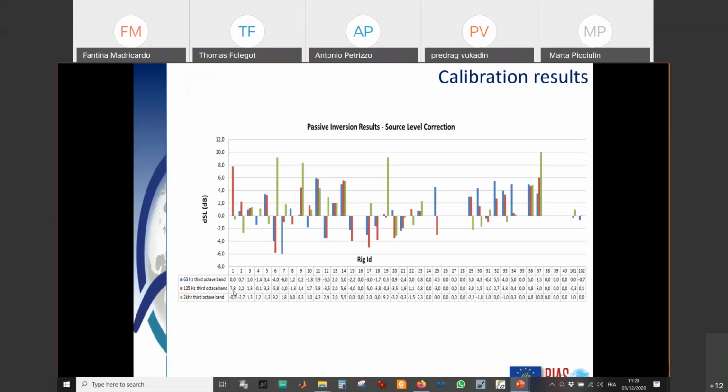For example, on average at 125 hertz on the first rig, we added 8 decibels to our model to describe the vessels passing by this rig. By adding these 8 decibels, we had a good match with the measurement. Again, it can be very variable according to frequency and the position of the measurement.